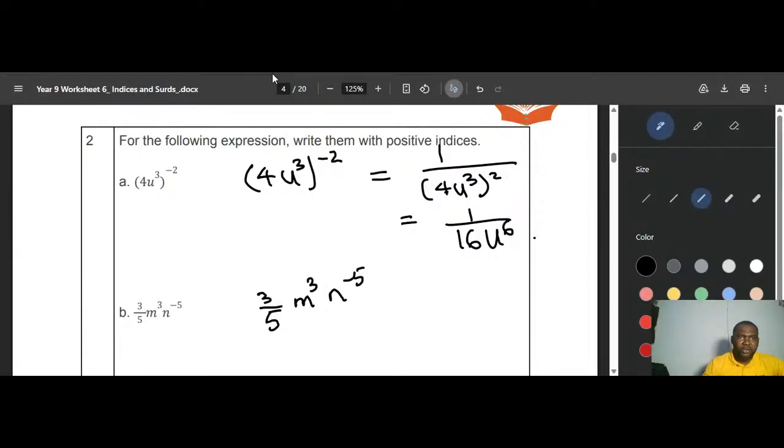So most of you got that correctly. That's amazing. It's 1 over 16 u raised to power 6. Rubik's, no, you can't put it that way. It has to be this way.